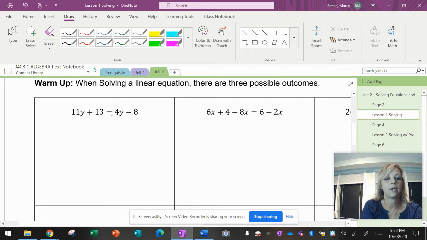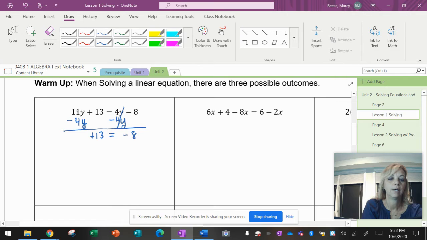I've got a 4y on the right side, so I'm going to do the opposite: minus 4y. Whatever I do to one side, I do to the other. The 4y minus 4y cancels out, so I'm left with a negative 8.